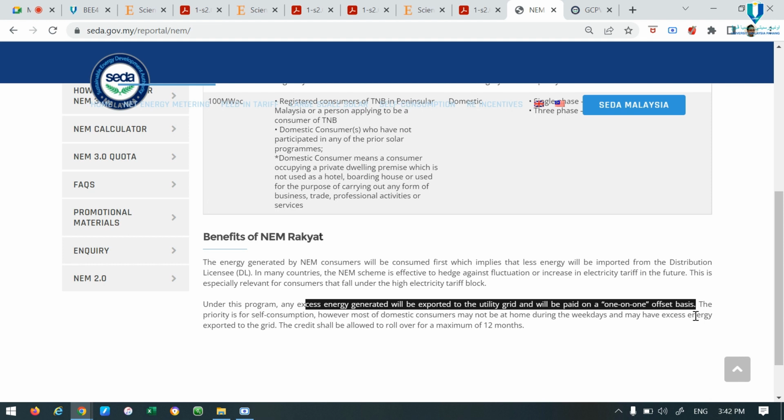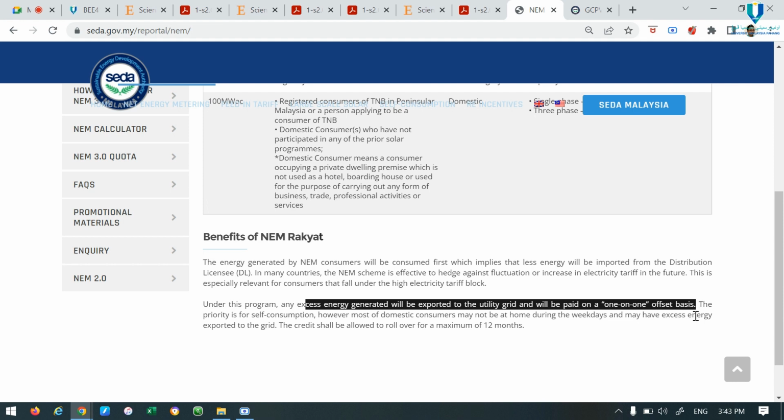So how much energy you generate, you get exactly the tariff rate. So it works, because the tariff rate is good. How much you generate, how much you pay TNB to buy, TNB will buy from you at the same amount, with the same tariff rate. So that's why NEM is still relevant.